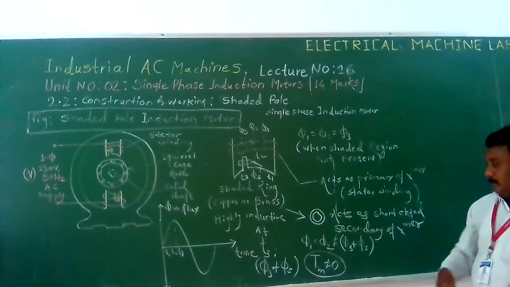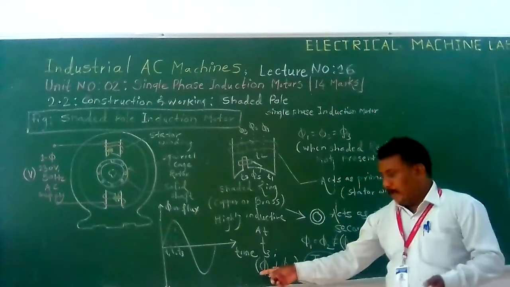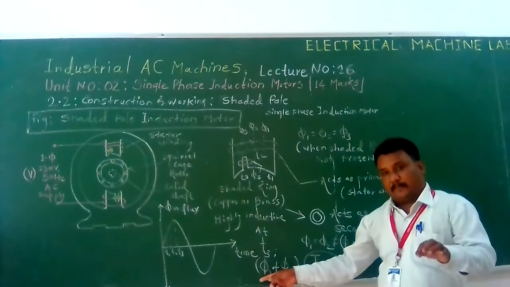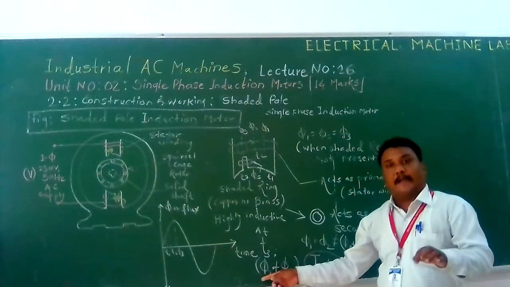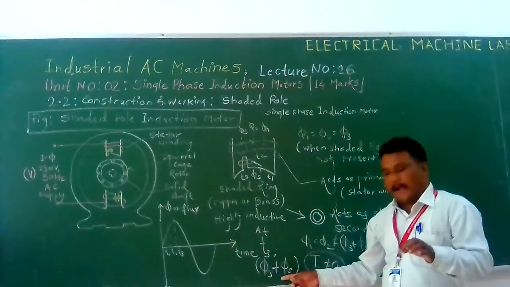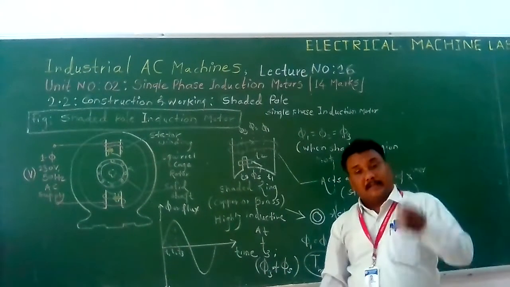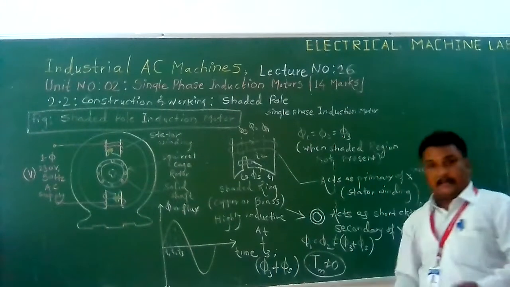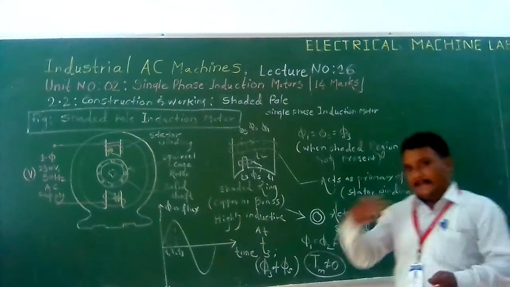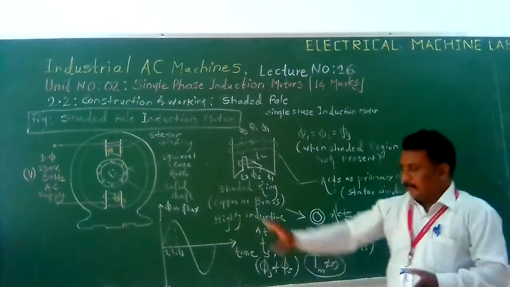At that time the net flux will be the addition of phi m, which is produced by the stator winding, plus phi s, which is produced by the short circuited secondary shaded ring, and this flux is not equal to the other fluxes, and in this way the supply cycle will be unbalanced.